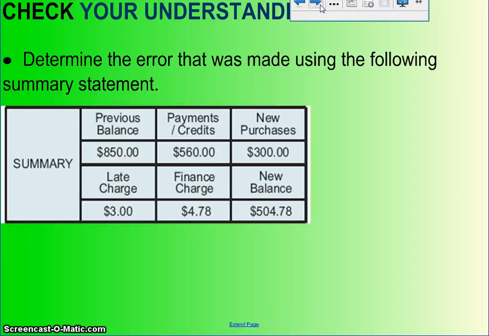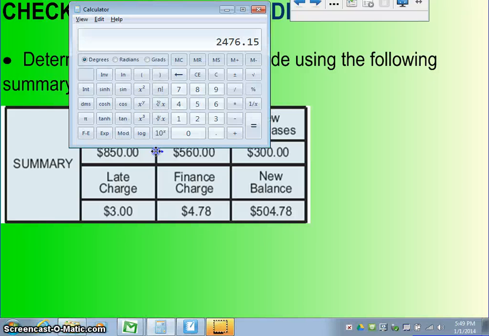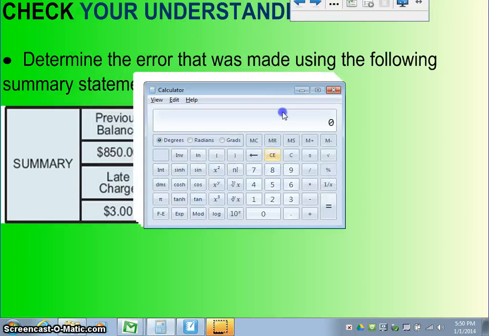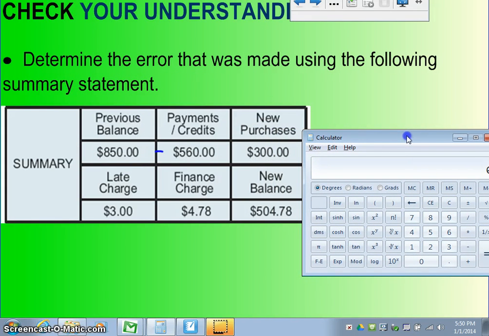All right, so if we take the previous balance, we've got $850, and again, let's go ahead and use the calculator. $850 was the previous balance.